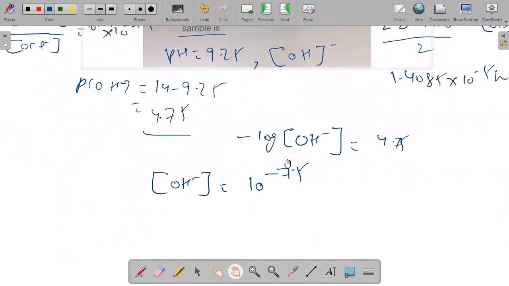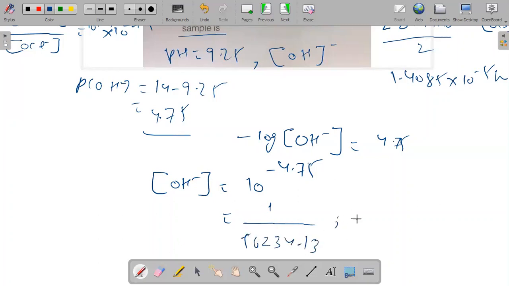10 to power minus 4.75. If you find it, we'll get a value of 10 to power minus 4.75, so that is 1 divided by 10 to the power 4.75, which is 1 divided by 56234.13.